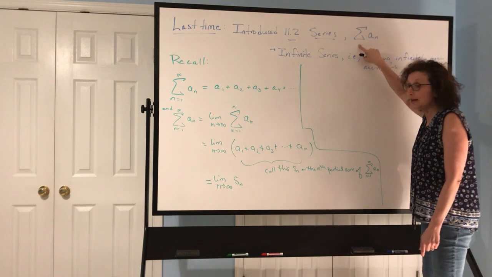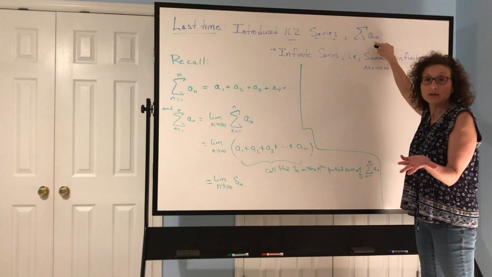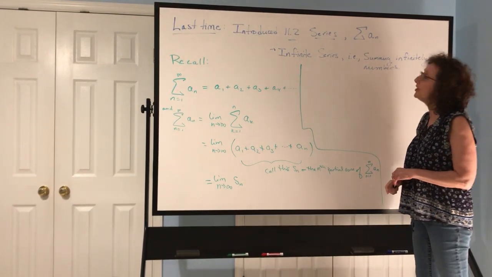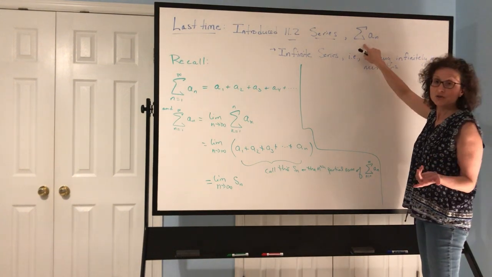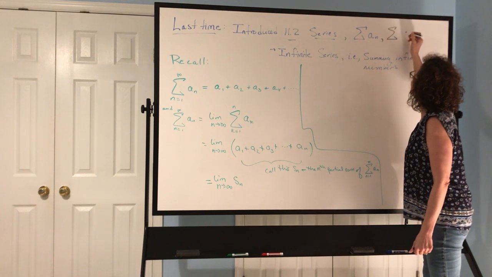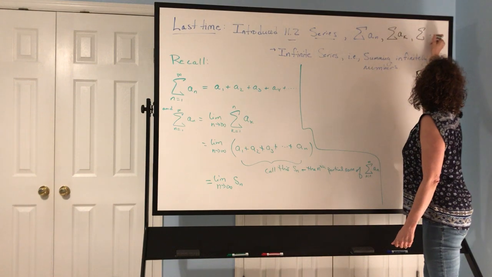You're going to sum a bunch of numbers that have some pattern associated with them, or something that they're related by, and so we call them a sub n's. Oftentimes we won't even say where we start counting, and again, like we said before, it doesn't really matter. I could say sum of a sub k, sum of a sub i.